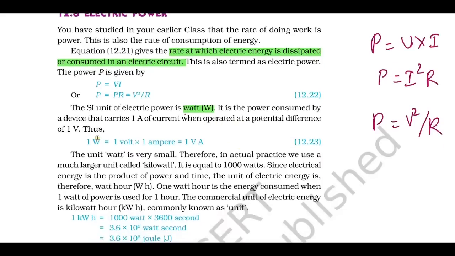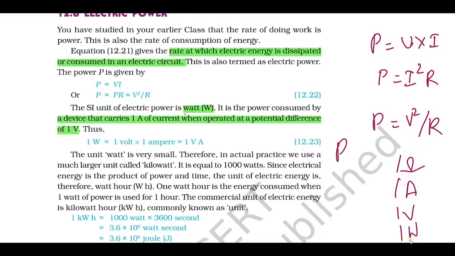Define 1 watt. 1 watt is defined as follows: if an appliance consumes 1 ampere of current when it is operated at a potential difference of 1 volt. Whether it is the definition of 1 ampere, 1 volt, 1 watt or 1 ohm, you should always relate it with the equations, then it will be very easy.